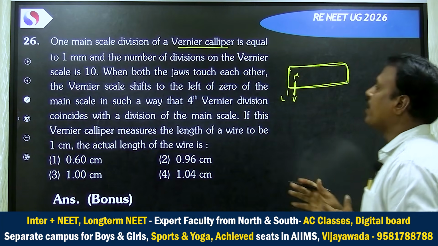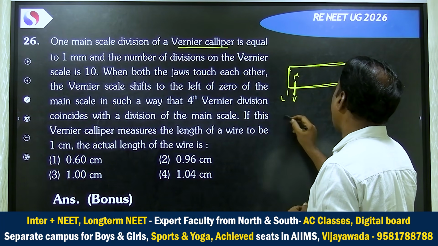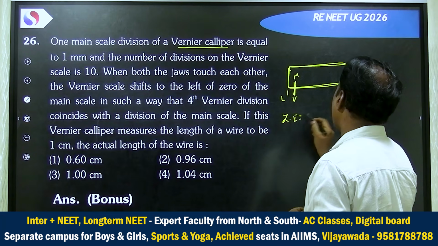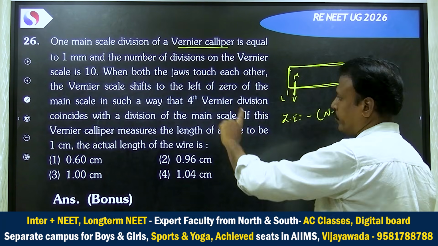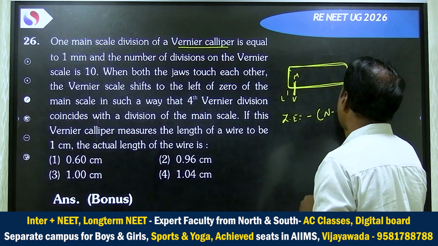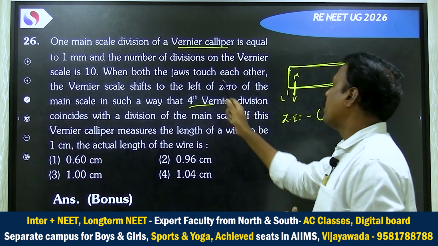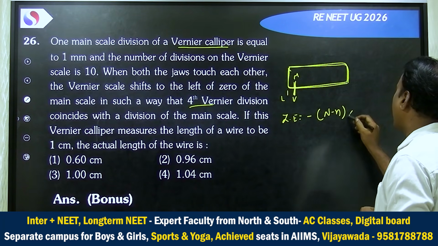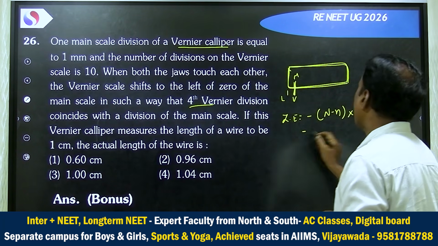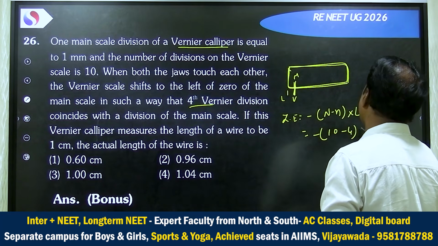Okay, there are two things. Actually, what was given to find the zero error, which is negative, is the total number of divisions in the vernier scale minus the number of the vernier division that coincided, into the least count. So total number of divisions is 10, coincidence is 4.